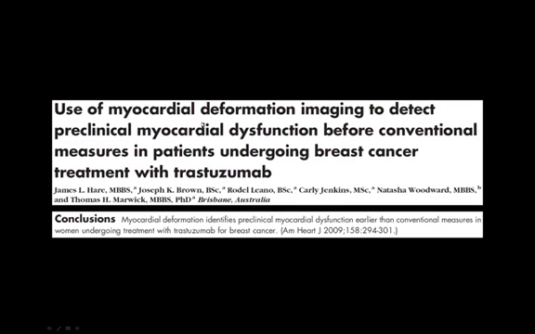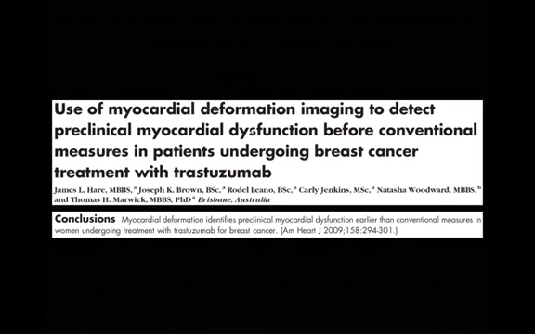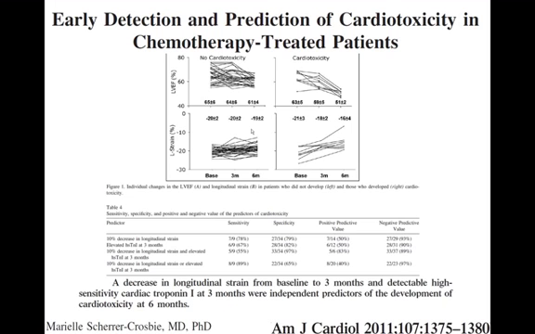This was longitudinal strain to predict LVEF drops in the group of patients that were going to be treated with trastuzumab. So this was more clearly shown with a larger number of patients, by the group of Sher Crosby that we participated on, and the final publication actually came up in Circulation last year.